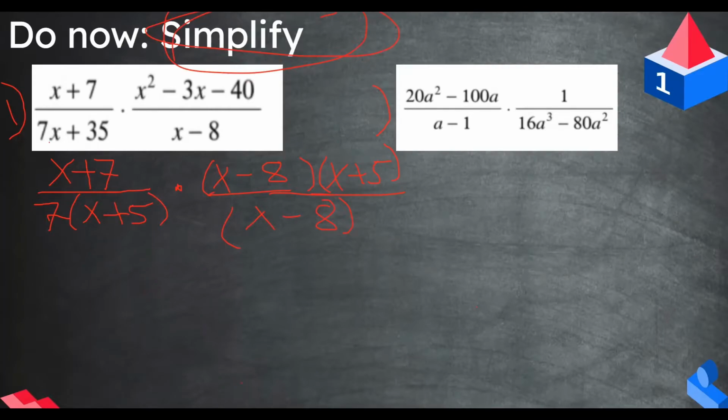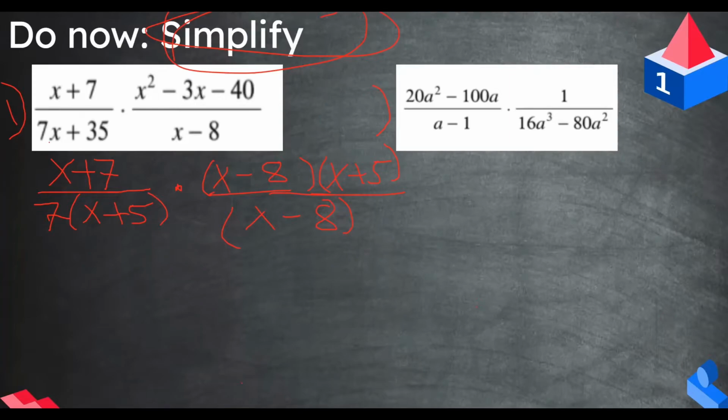So now what I have to do is look for common terms. Do you see any common terms? Name them. If you are trying to identify common terms, you have to look for them in both the denominator and numerator.